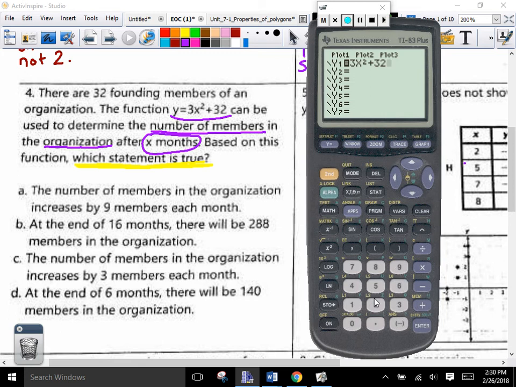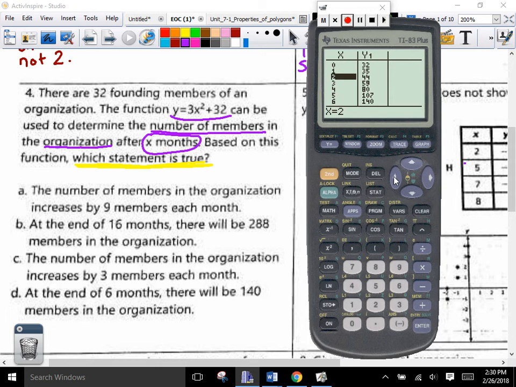So the next thing I do, I go to second graph, and I'm going to look at my table. So after 0 months have passed, I have 32 members. So I'm starting the organization with 32 members. After 1 month passes, I have 35 members. After 2 months pass, I have 44 members. So this is how we're going to read our table.